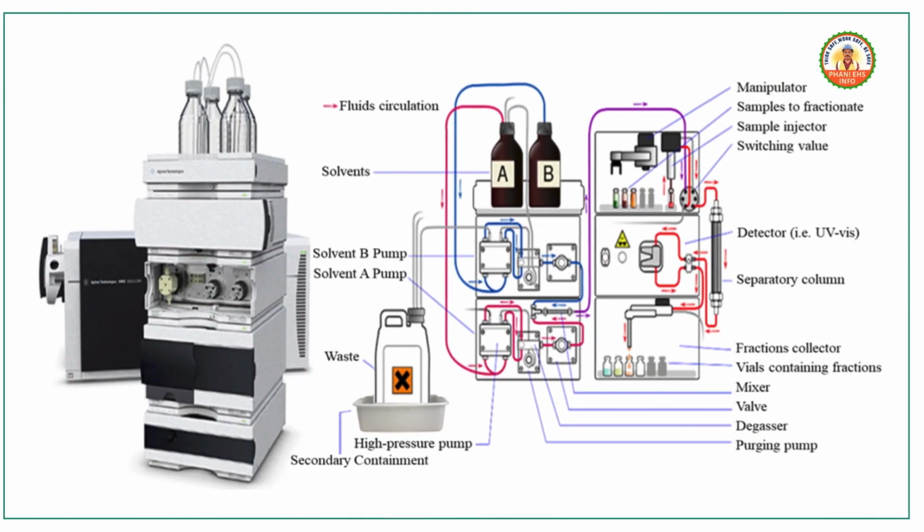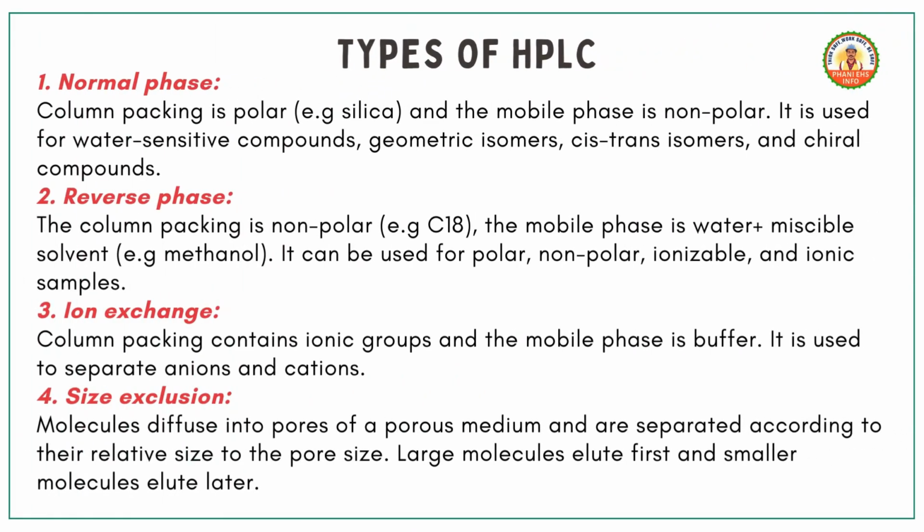Diving deeper, HPLC manifests in various forms tailored to different analytical needs. Normal phase, employing polar stationary phase material and nonpolar mobile phase, ideal for water-sensitive compounds and isomeric separations. Reverse phase, utilizing nonpolar stationary phase material and a polar mobile phase, offering versatility in separating polar, nonpolar, ionizable, and ionic compounds.